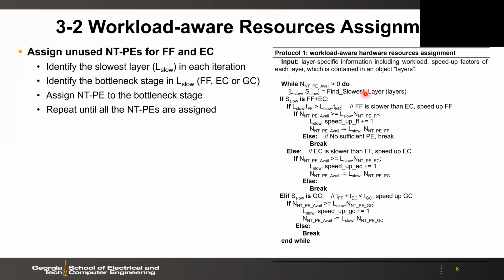In the protocol, the first step is to identify the stage with the longest stage time and its bottleneck processing stage. Then, if there are sufficient processing elements available, we will assign more processing elements to this layer to speed it up, and therefore it is no longer the bottleneck in the pipeline. We repeat this process until all the PEs are assigned.